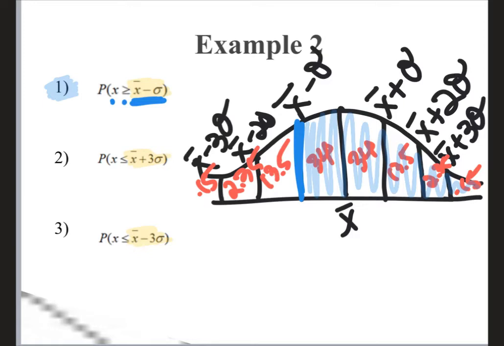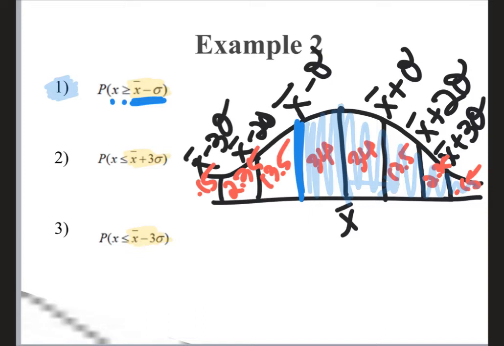Now, a quick, easy way to figure that out, your mean, guys, to the right is worth 50%. The mean to the left is worth 50%. So if half of your graph is shaded, just count it as 50. That's the same thing as adding 34, adding 13.5, adding 2.35, adding 0.15.